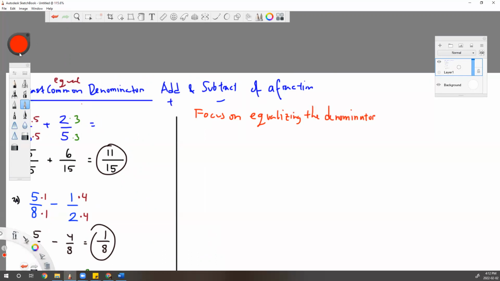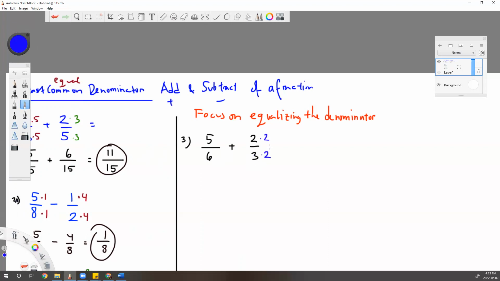Okay, now let's go for the next question. 5 over 6 plus 2 over 3. Okay, this will be quite simple. What you need to do is try to find the same denominator. Oh, 6 and 3. Focus on the denominator. I can modify the 3 by 2, right?